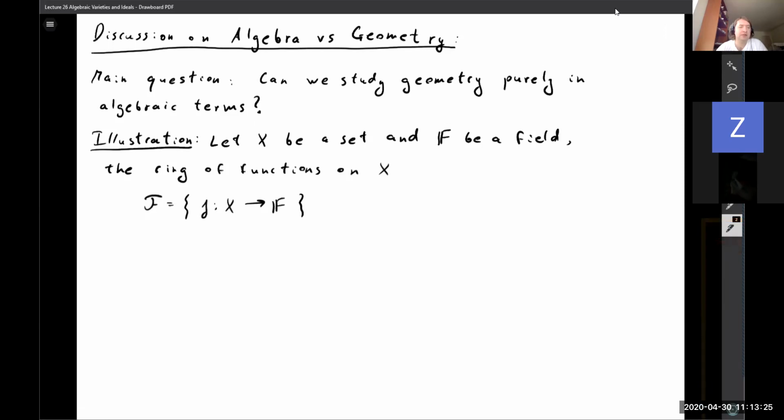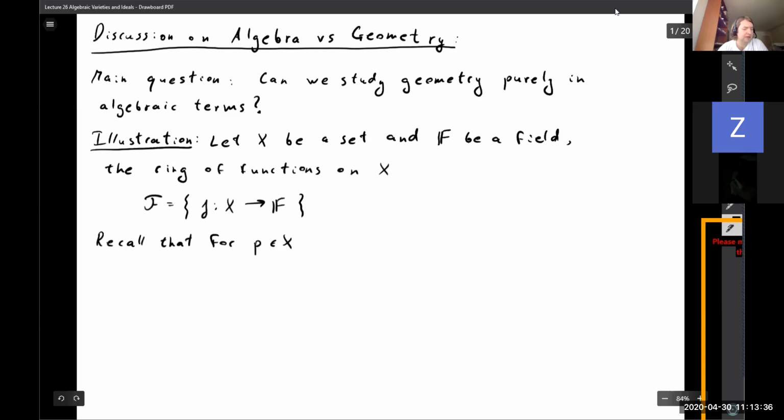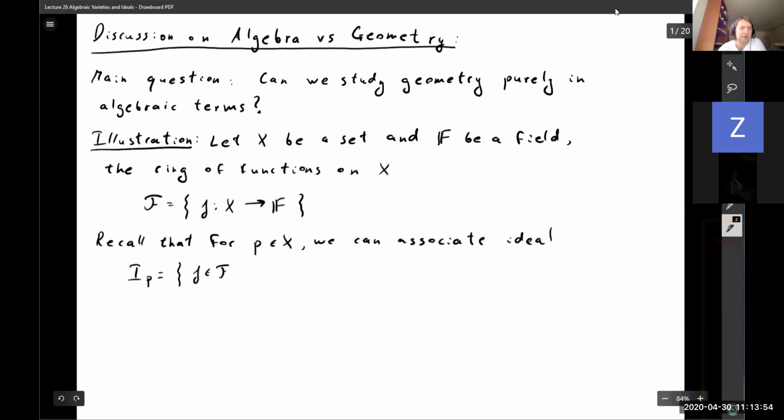And recall that for a point P in X, we can associate an ideal I sub P, which consists precisely of all functions which are zero at this point P: f of P equals 0.